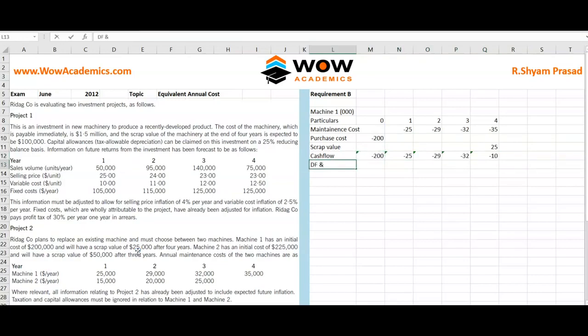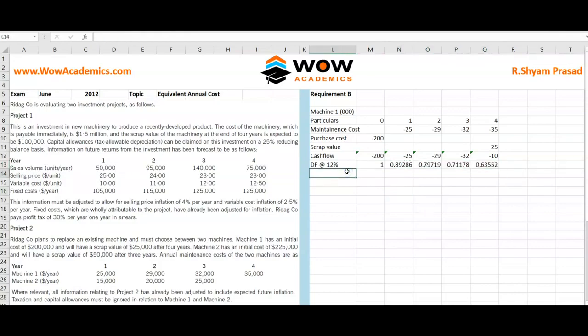Now we have to have the discount factor. The discount factor is at 12%, that's a before tax WACC. So we'll start. The 0th year it is 1 and from the first year it is going to be. So we got the numbers.